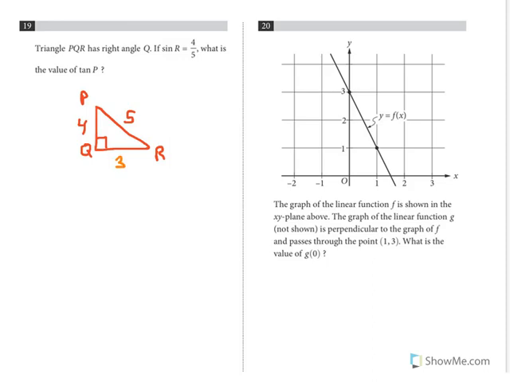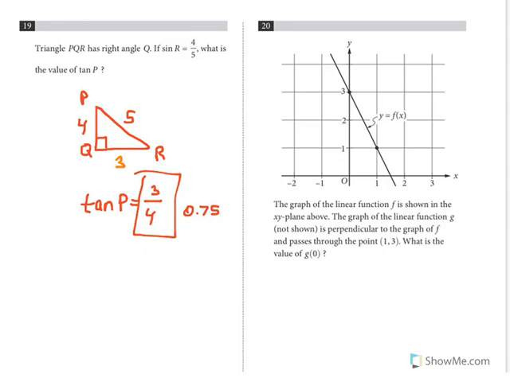And so the tangent of P, opposite is 3, adjacent is 4, and so we have 3/4. You could put 0.75, but when it comes to our trig ratios, I like to keep them as fractions.